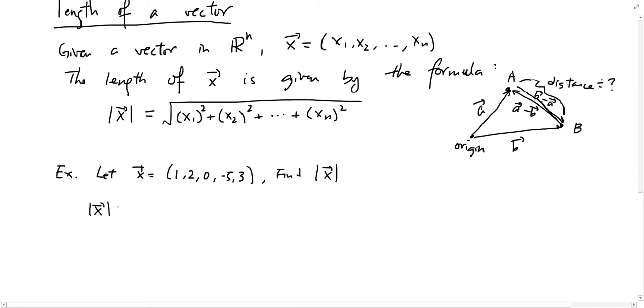Take the square root, and take each of these numbers, square them and add them up. So it becomes 1 squared plus 2 squared plus 0 squared plus negative 5 squared plus 3 squared. Notice, please put parentheses around negative 5, then put the square. Otherwise, you get a negative number here, which would mess up the entire math. And if you do it correctly, that becomes radical 39. So that will be the length of vector x.